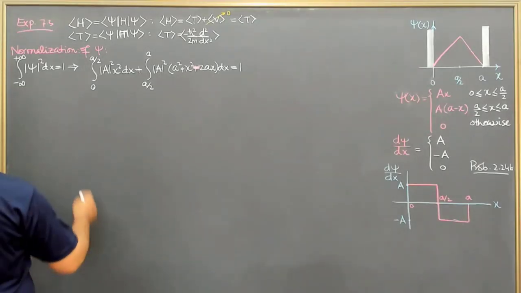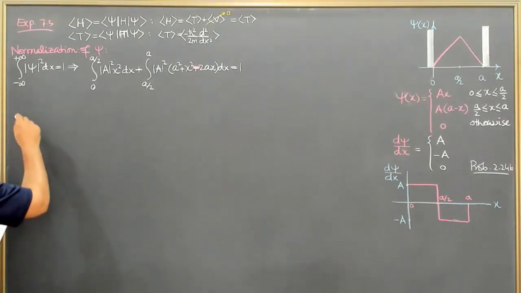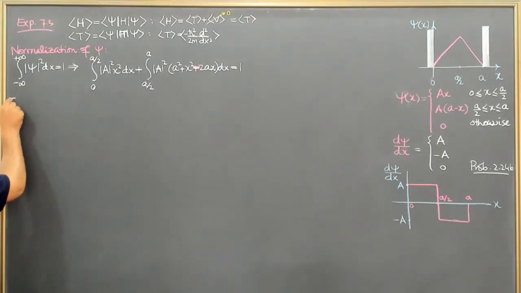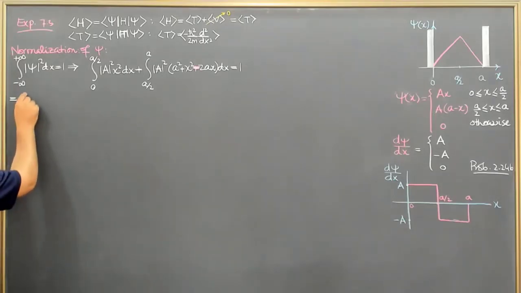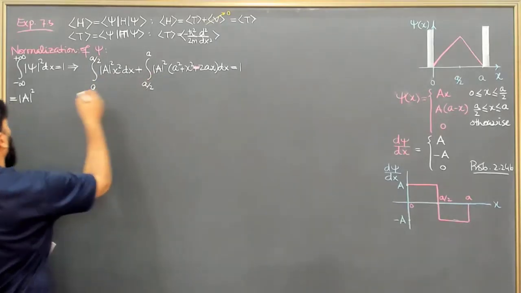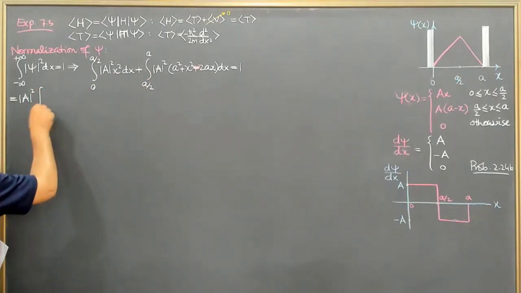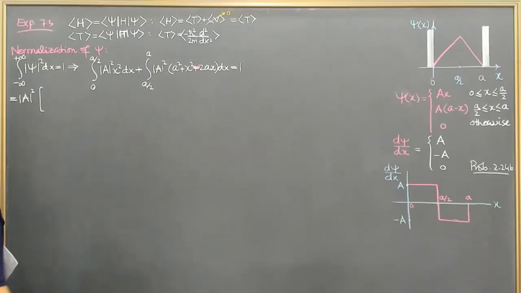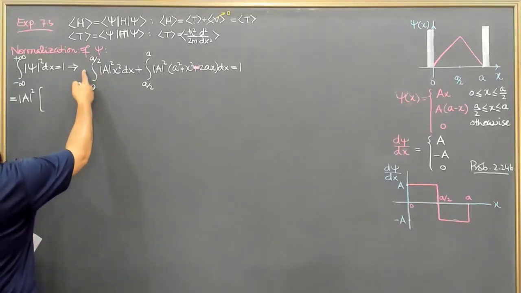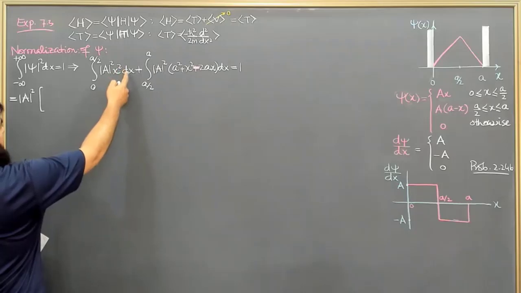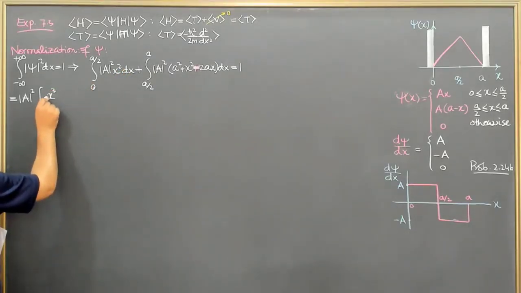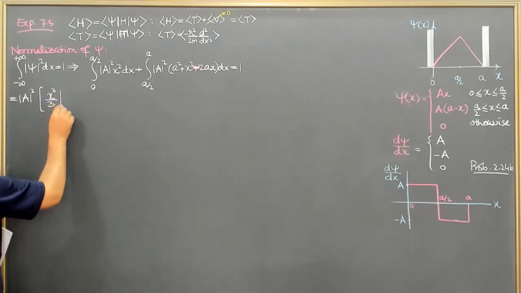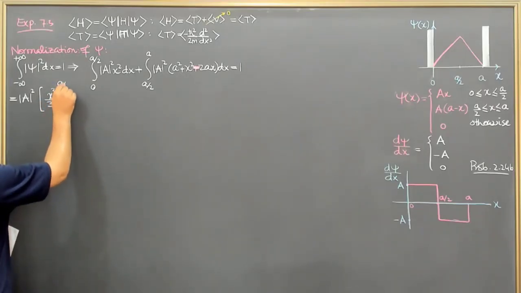So starting from here, let me take A mod square common here and here. A mod square has gone outside, x square dx, so its integration is x cube over 3, from 0 to a over 2.